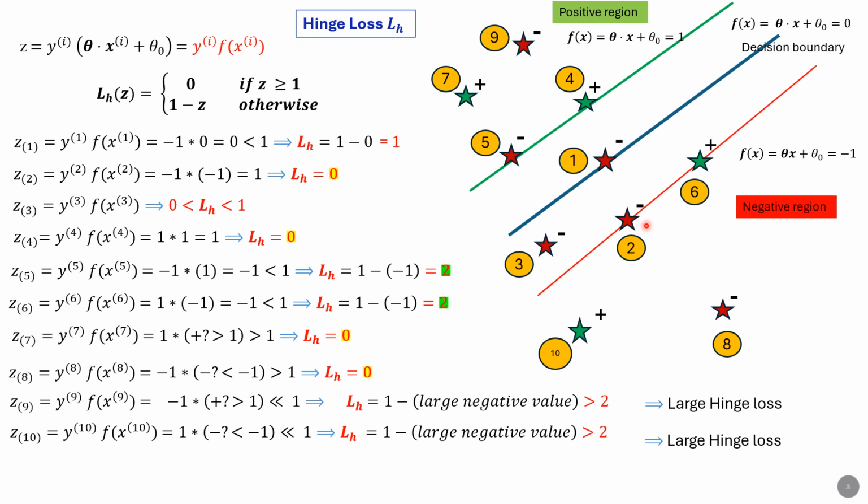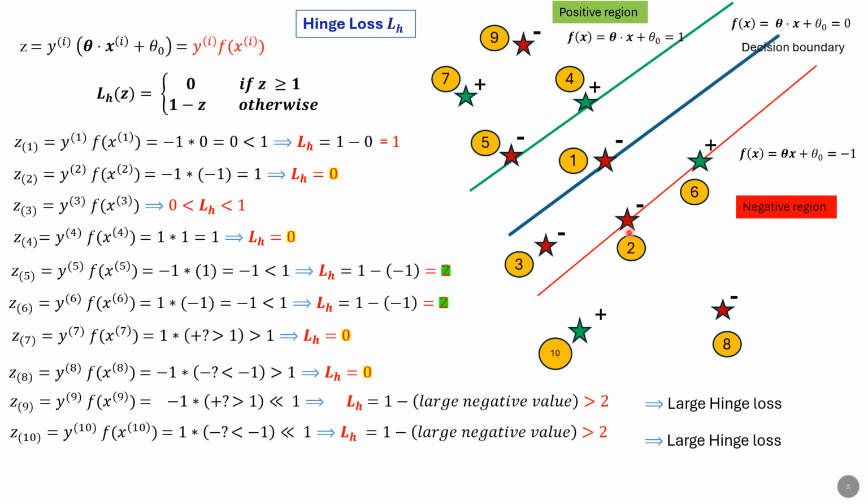Again, for the second data point, y value is negative 1, f of x is negative 1. Then we have 1 here for c, and hinge loss is 0 because it is on the correct margin boundary, negative point on the negative boundary. And from here to here, the hinge loss changes from 1 to 0.